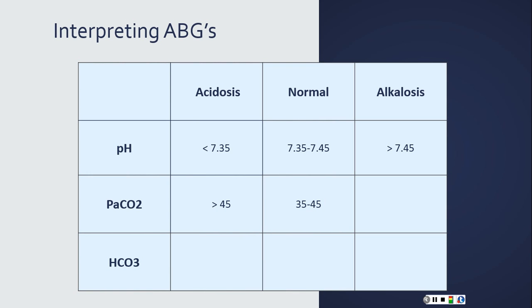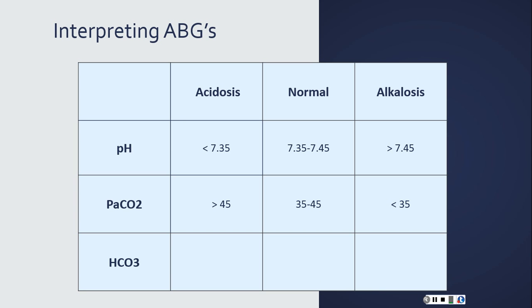The higher the CO2, the more acidic the patient is. Now the opposite is true on the basic side. The lower the CO2 level is, the more basic we are.